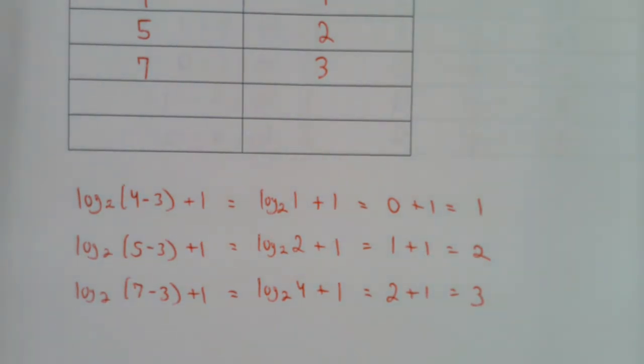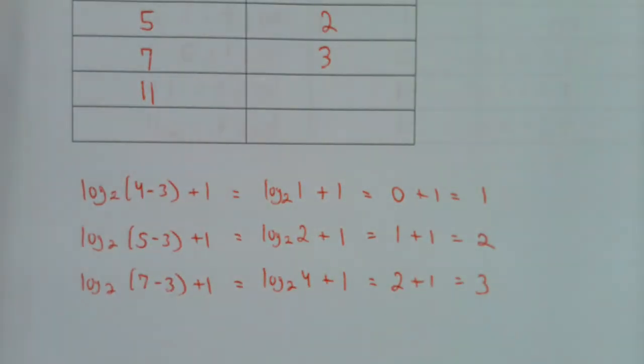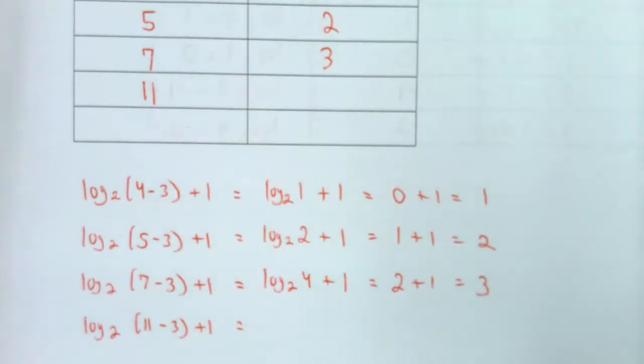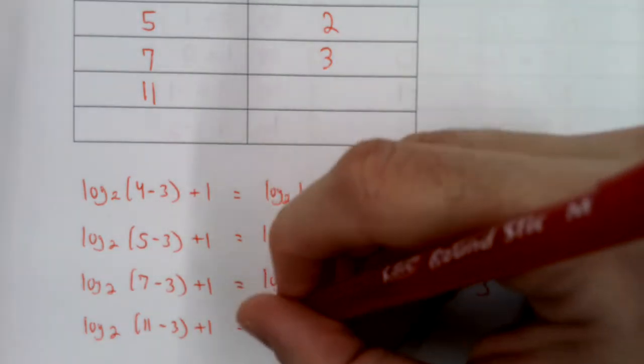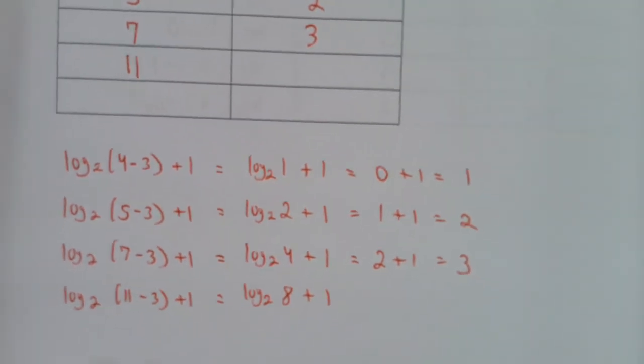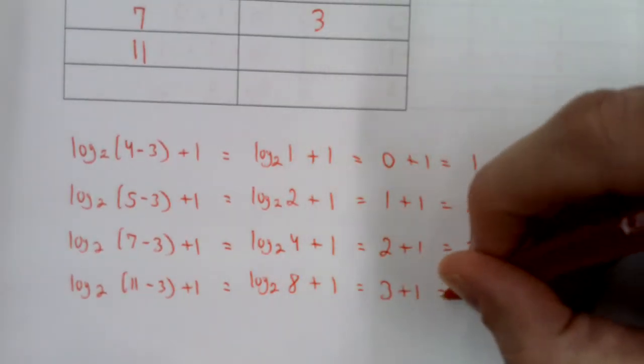Let's do a couple more. I know the next easy one is going to be x equals 11, because I know 11 minus 3 will give me 8, which is easy to do. Log base 2 of (11 minus 3) gives me log base 2 of 8. Log base 2 of 8 is 3, plus 1 equals 4.